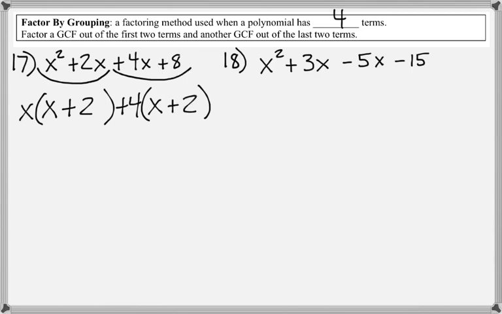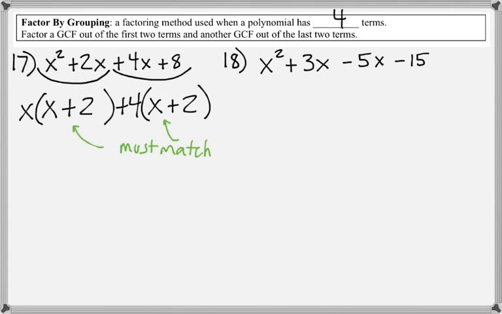Now something very important here: you'll notice that my two binomials match. And they actually have to match for this to work. On the previous problems, we were factoring a binomial out of two different terms.